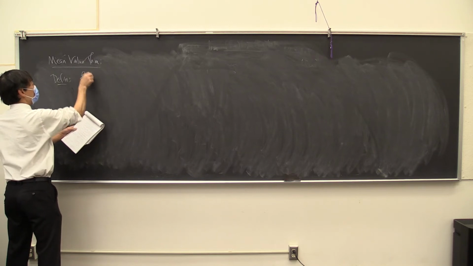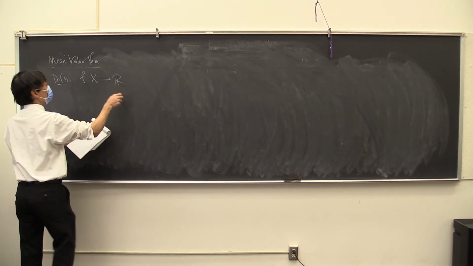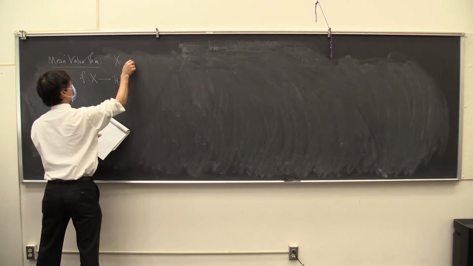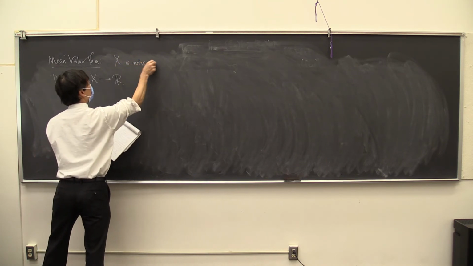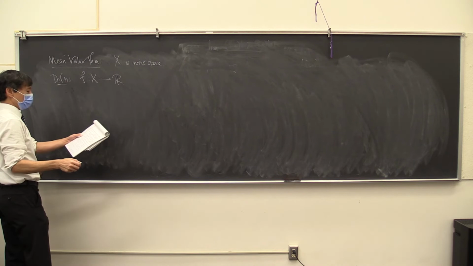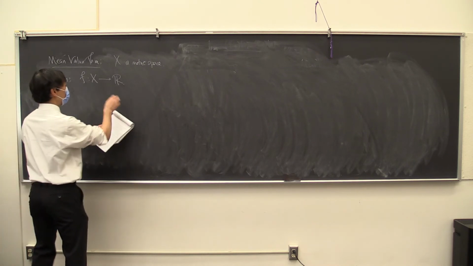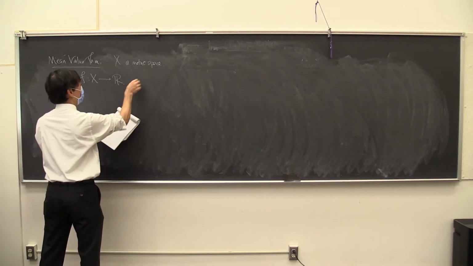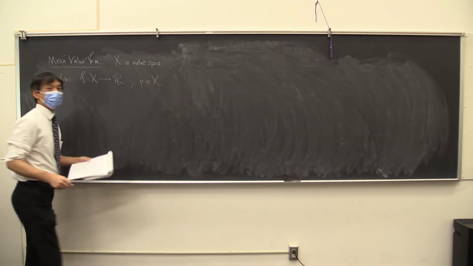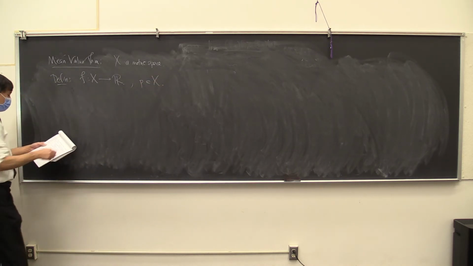So you have a function. X is a metric space, and you have a function on that metric space, and you have a point in the metric space. Okay.